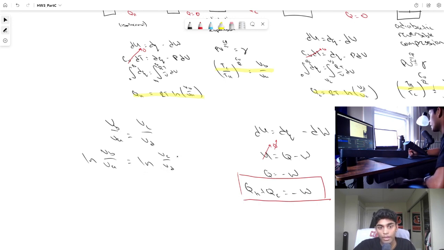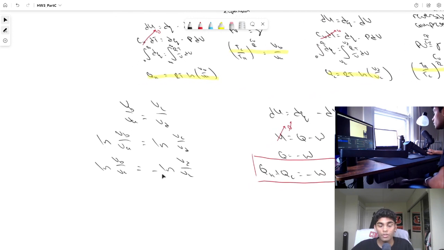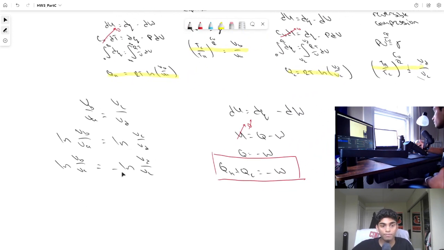If we reverse the ratio on this side, we get the natural log of VB over VA is equal to the negative natural log of VD over VC. And from there, we can plug that into the original equations.